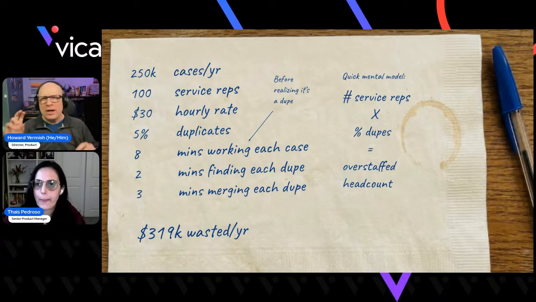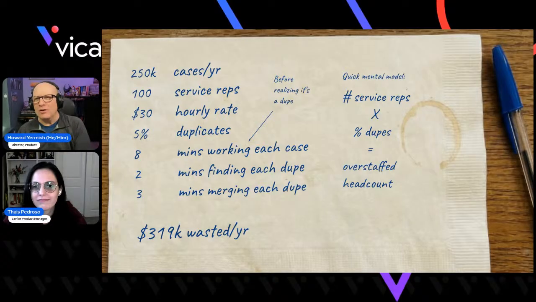A real quick way to do some calculation is, let's say my team has 25 people and 4% of my cases are duplicates. Well, 4% of 25 is 1. So that means of my 25 people, 1 person per year is spending all their time on duplicates.